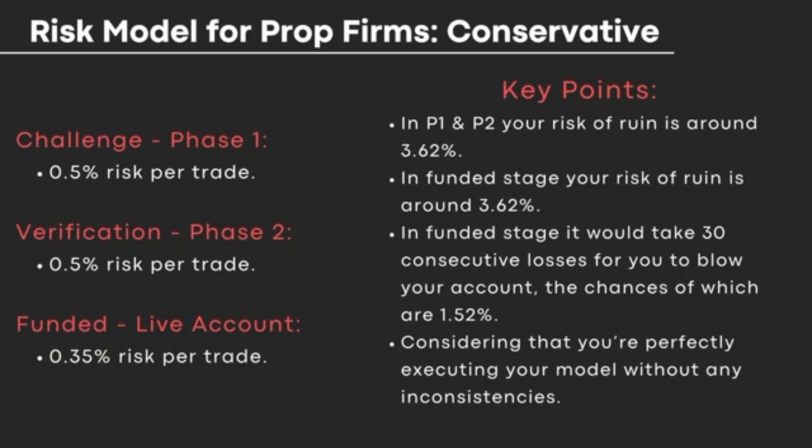And with this sort of model, your risk of ruin decreases even more and almost reaches next to zero, meaning your capital would be protected at all times and you'll never reach the maximum drawdown limits as long as you stick to your system consistently and don't make any irregularities or mistakes. And in funded stage, it would take you at least a losing streak of 30 trades for you to blow your account, which is highly unlikely and nearly impossible if you follow your plan thoroughly.